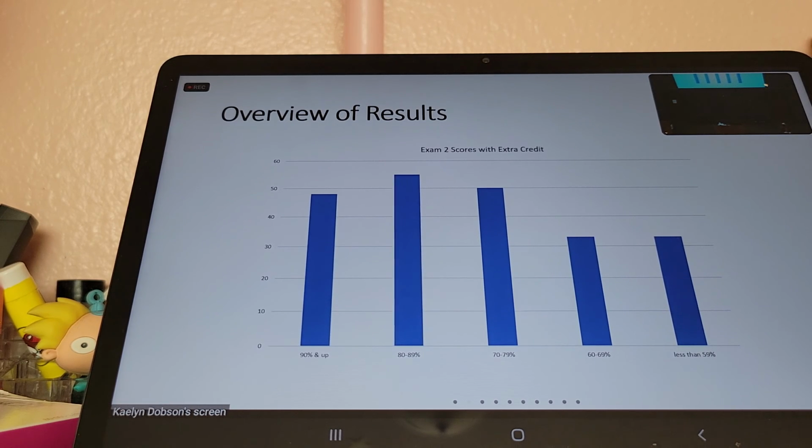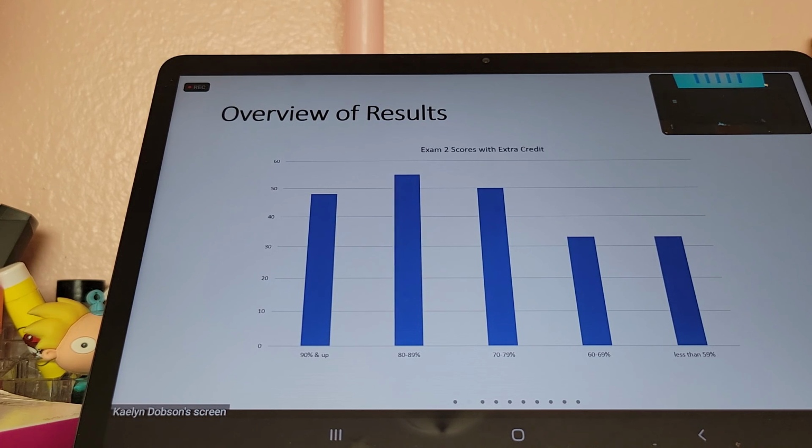So it's not a perfect normal distribution. I like it as a distribution because, like I said, it's got a push to the A's and the B's and the C's, and that's what I like to see. With the extra credit, the class average is a 76%. Without extra credit, it was a 73%.